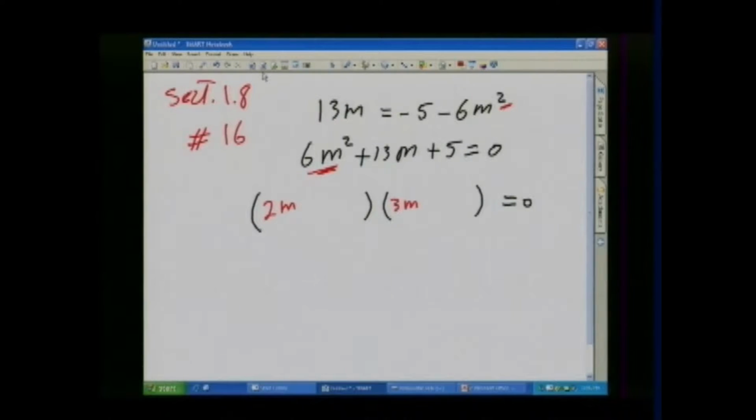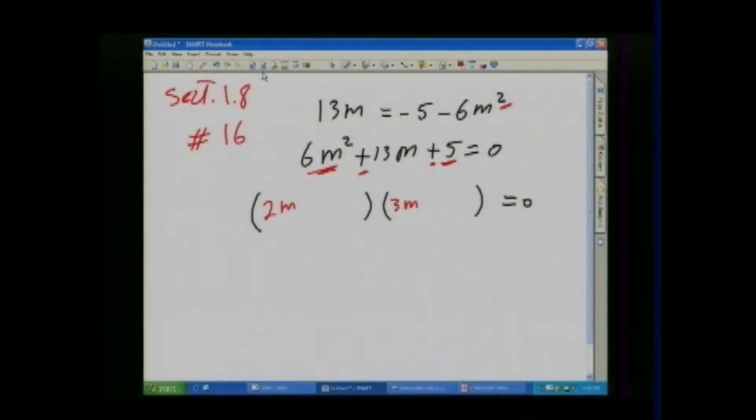And if this doesn't work, we would change it to 6m and 1m. If we have 2m and 3m, then you would look at the constant, which is 5. The multiplication of 2 numbers should give you 5. Well, basically it is 1 times 5. Now, would the sign be both positive or both negative? Because either one of them would give you a plus 5. Well, my answer would be it has to be both of them positive, because this here is a plus 13m.